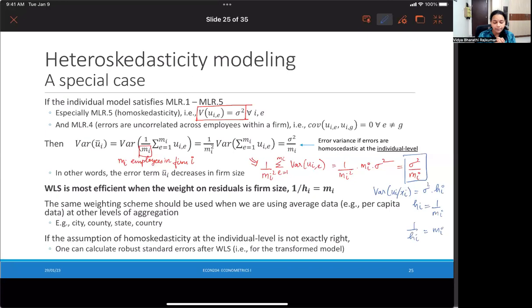Of course, we were able to do that because we assumed homoscedasticity in the individual level model. If we cannot assume that, then one way of working around this is to do a weighted least squares model, and once you run that model, you can ask your software to give you robust standard errors on that weighted least squares model.